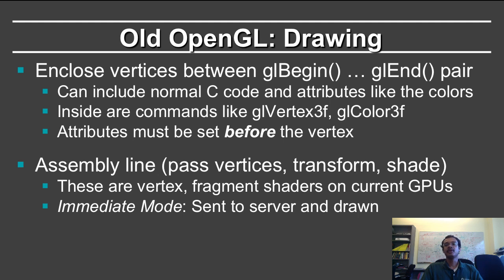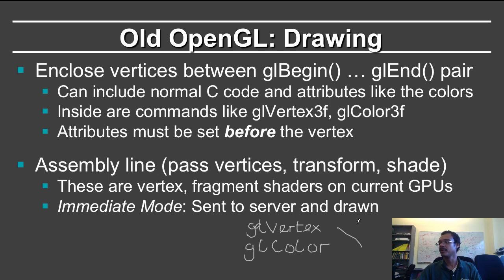One thing that people often get confused with is they say, I define a vertex, I define a color, the vertex color. Let me just write this down. So I can say glVertex, and then I can define glColor after that. This is a common mistake. You should not do it in this order. What you think is I've defined the geometry and then I've defined the color, and this color should be associated with this vertex.